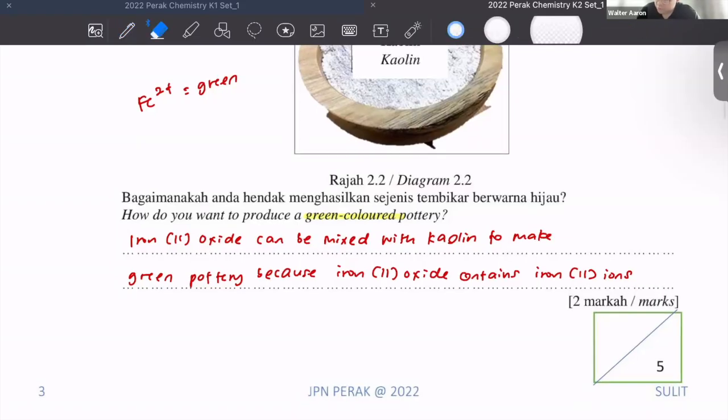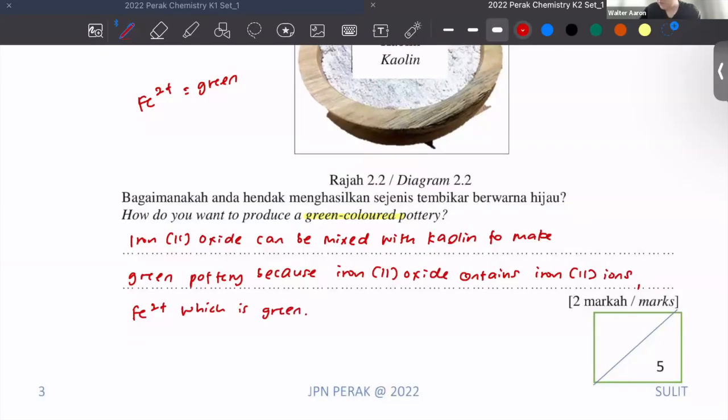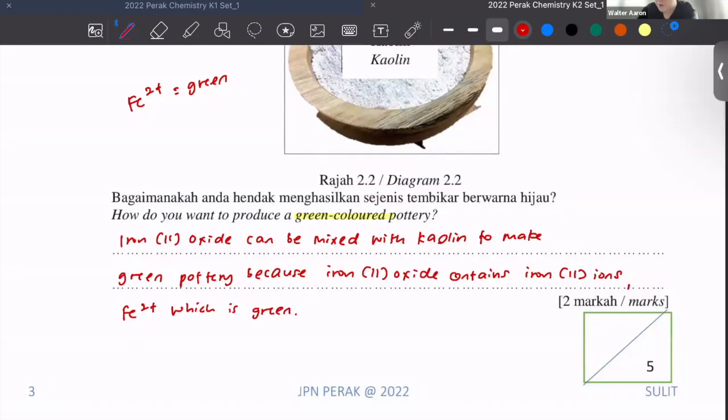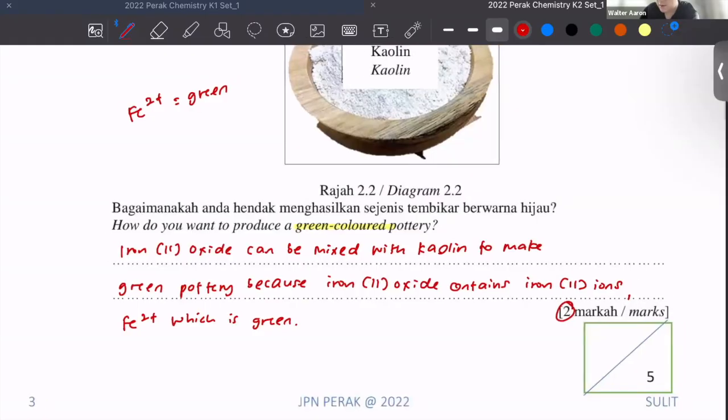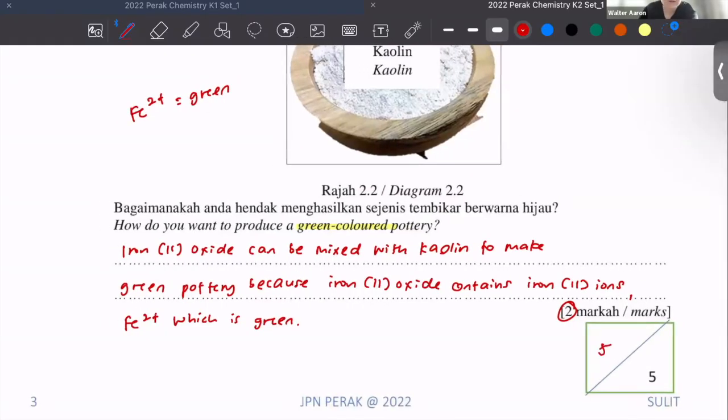Okay, you just put that Fe2+, which is green. So if you were to answer all correctly, you should be able to get 2 marks. And total for this question is actually 5 marks.